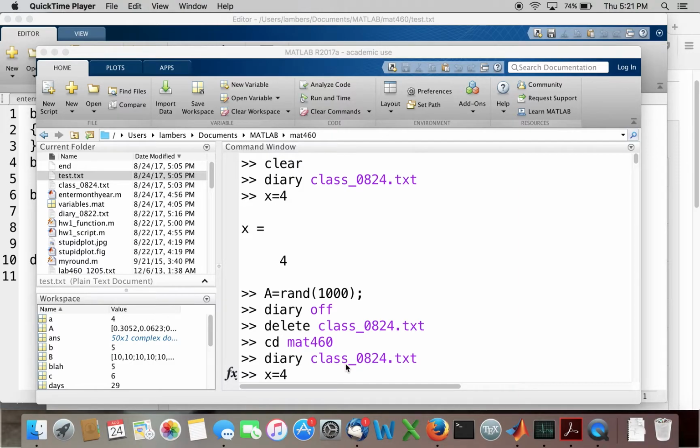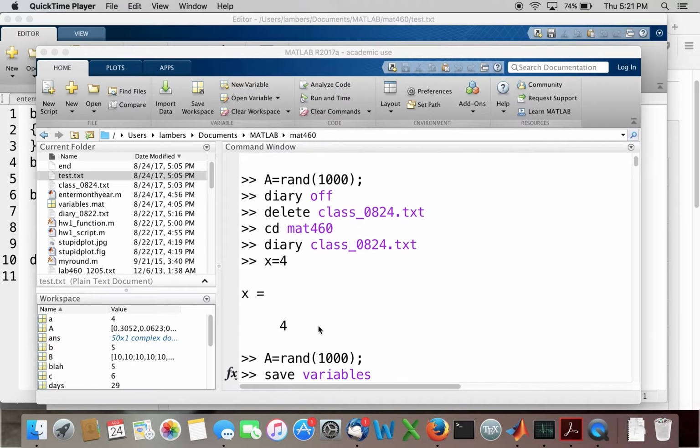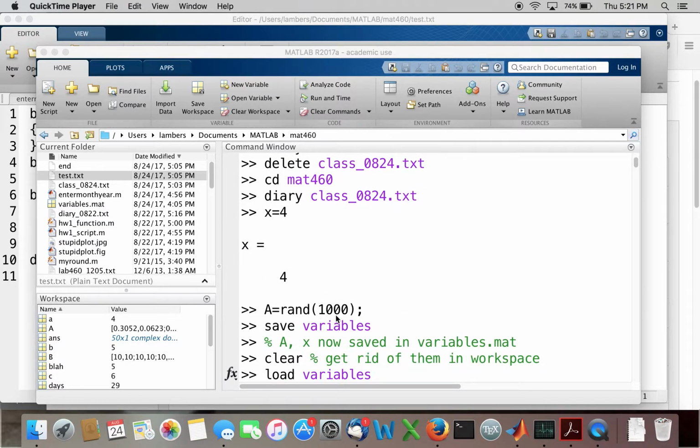Now I'll start my diary again, and that diary is written here. So then I go ahead and create these variables. And if I want to save variables in a file so that I can retrieve them in a later MATLAB session, the save command is used for that. If I type save space variables, that will create a file that you can see here called variables.mat, short for MATLAB, and all the information about the variables, their names and values, are stored in there.